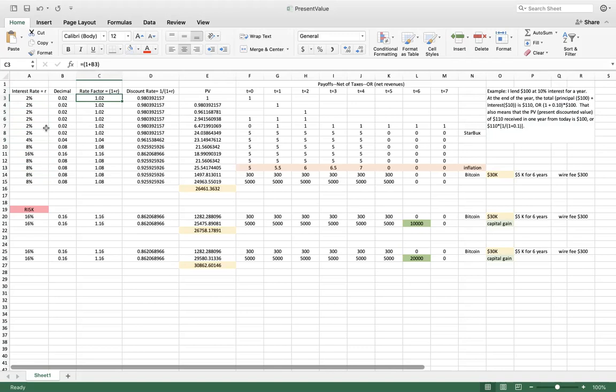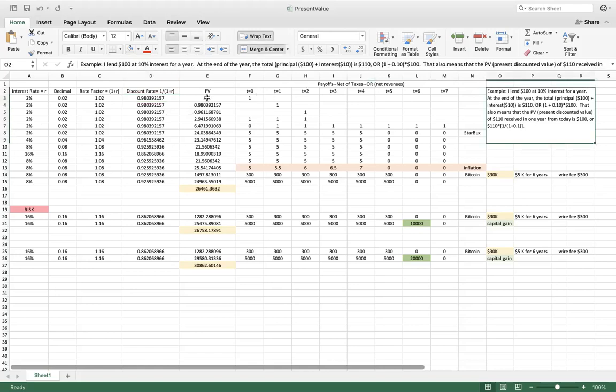I just called it the rate factor because I'm going to use it to multiply stuff. And this is the implicit discount rate. So I have 1 plus interest rate there. And then you can see this little formula where I'm calculating this discount rate or discount factor as 1 over 1 plus the interest rate. So it's the same thing I did over in this box, right?